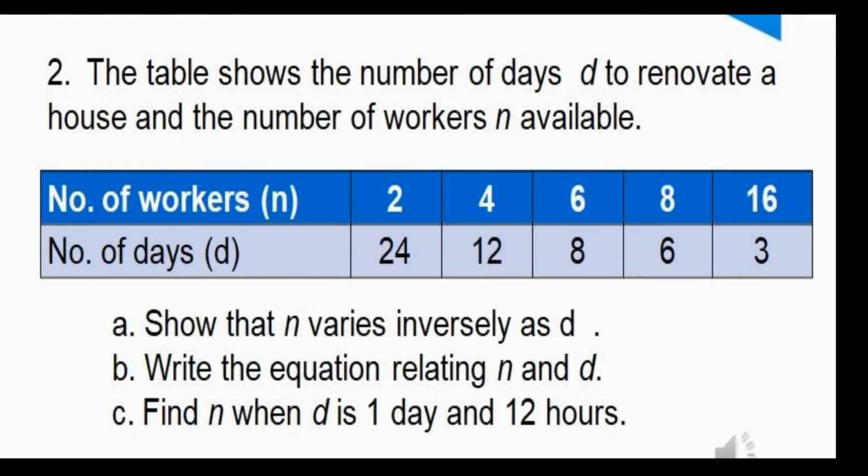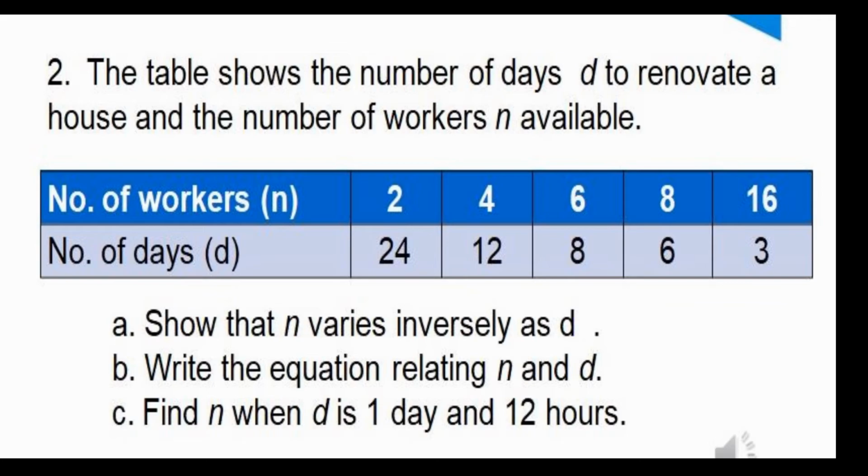Number 2. The table shows the number of days D to renovate a house and the number of workers N available. At the first row is the number of workers N. We have 2, 4, 6, 8, and 16.